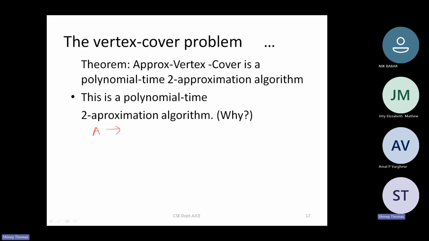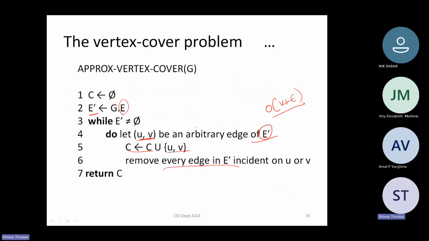So you have a set named A, which is basically the set of edges. If you have a notebook and pen, you can also write it down. Which is a set of edges that line number 4 of the algorithm picks. You can just see what is it?